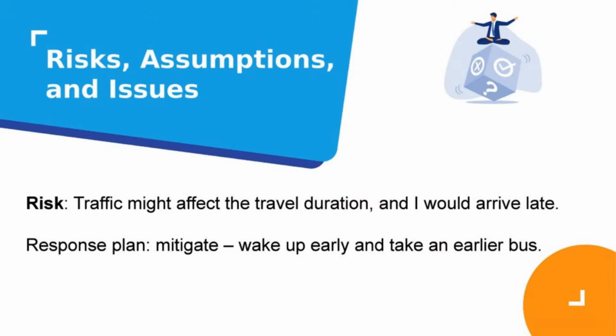So in that case, I'm mitigating the chances of getting late because I'm waking up early and departing from my home earlier to get to work earlier. So it's a way to mitigate. It's not 100% secure. Maybe the traffic jam keeps the bus stopped for 2 hours and I will be late. But at least I reduce the probability of getting late in the event that there is a traffic jam.